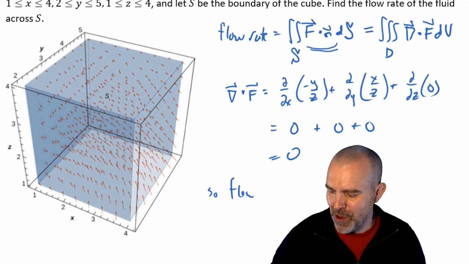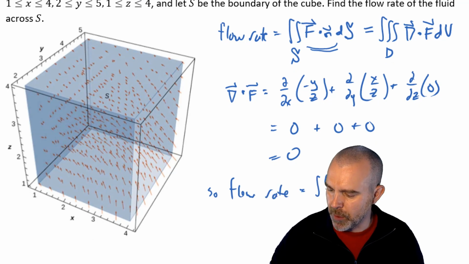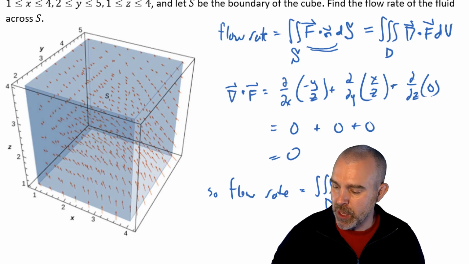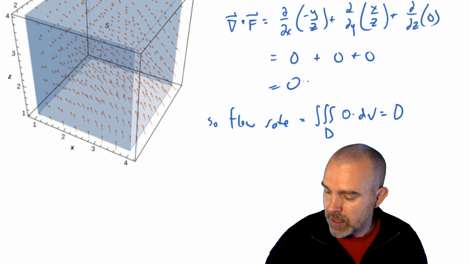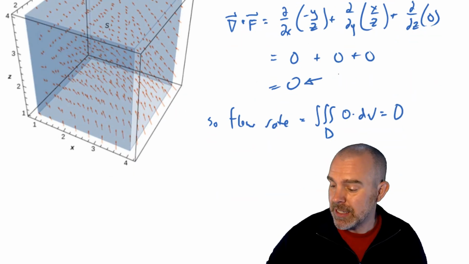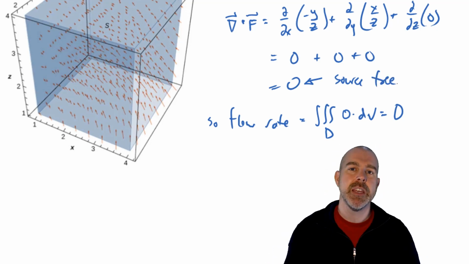Oh, so the net flow rate is the triple integral over the volume of the cube of 0 dV, which is just 0. Remember, if the divergence is 0, it's called source free.